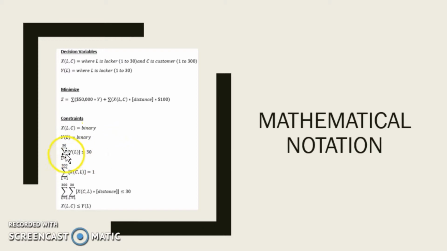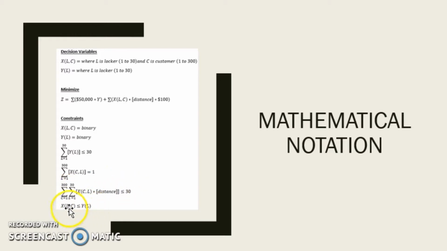Our first constraint, besides that, is that all lockers purchased must be less than or equal to 30. We can only purchase up to 30 lockers. The second constraint is that every single customer must be covered by a locker, so it equals 1. And the last constraint is that the distance from any locker to a customer must be less than or equal to 30.